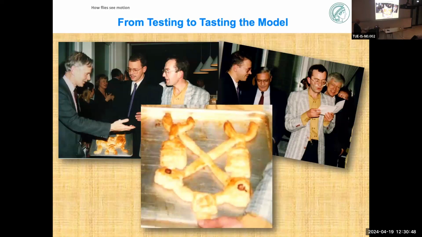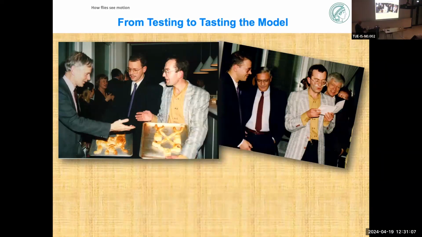And so Johannes gave us this present, and it really convinced us that the Reichardt detector also tastes well. It's a great model. On the left side, there were two versions that Johannes did for us. The left and the right half detector were pictured as Martin and me. Johannes, thanks again.